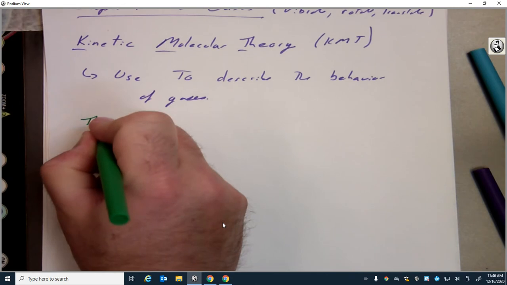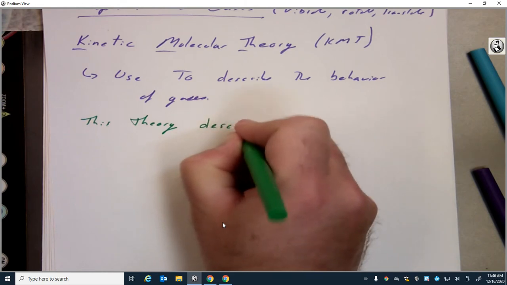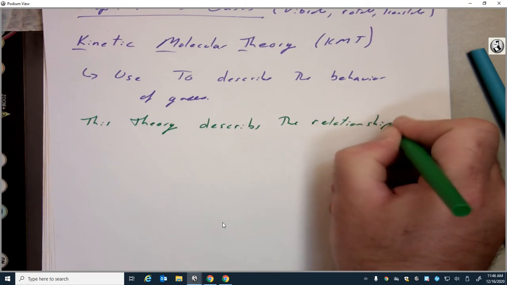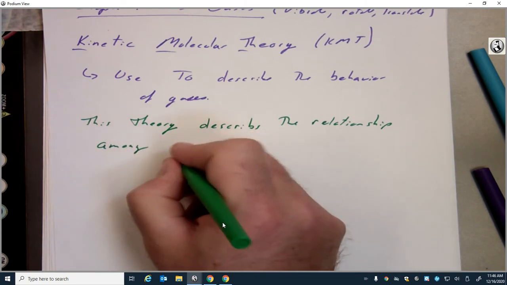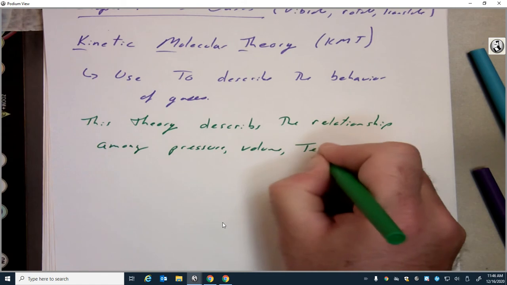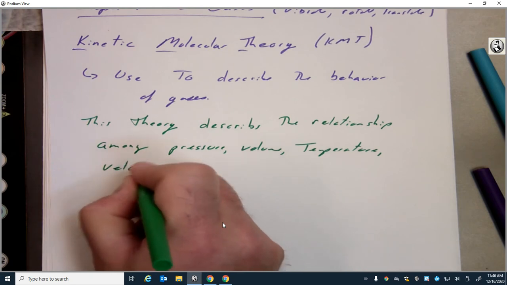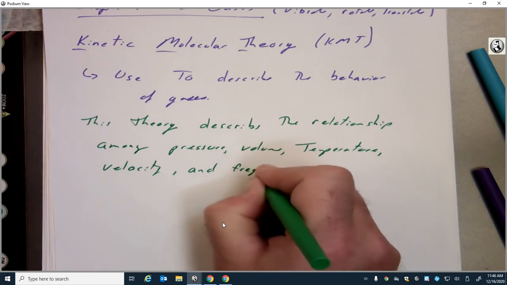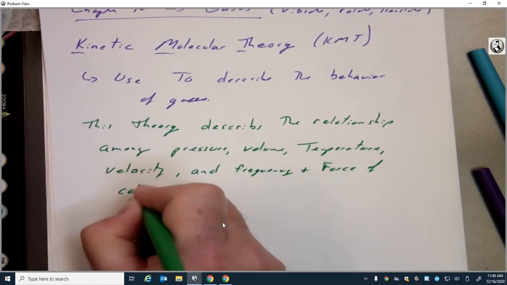So this theory describes the relationship among pressure, volume, temperature, velocity, and frequency and force of collisions.